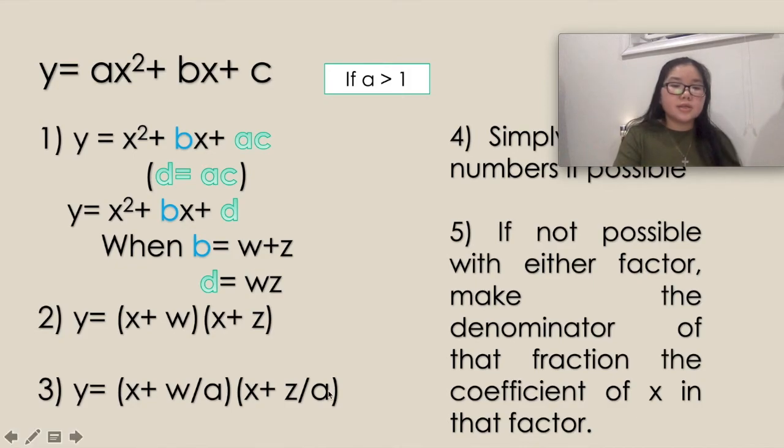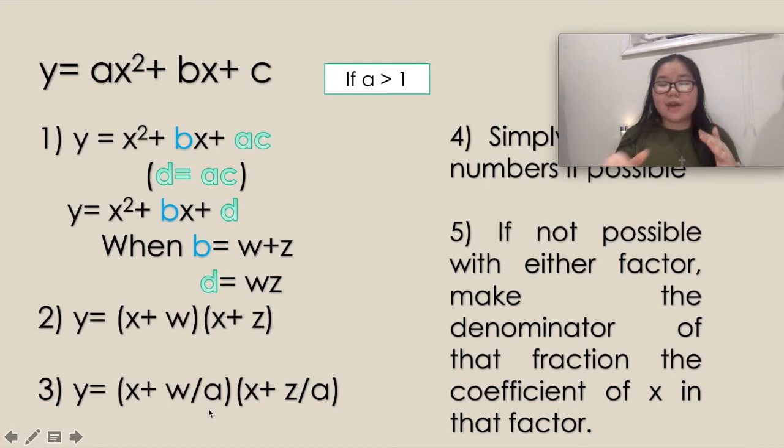The third step is you just need to divide the resulting numbers in the factors by a. Why do you have to divide by a? Because you already multiplied a times c at the first step. It's simple, like when you borrow money from somebody, you have to pay them back, and this is the way you pay back a for the x.